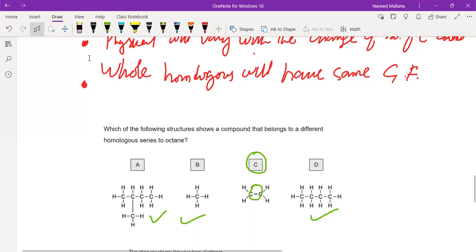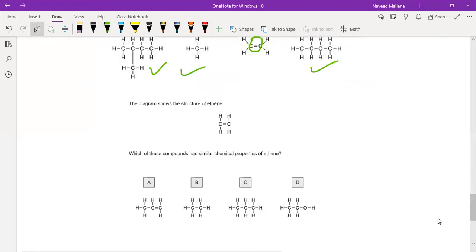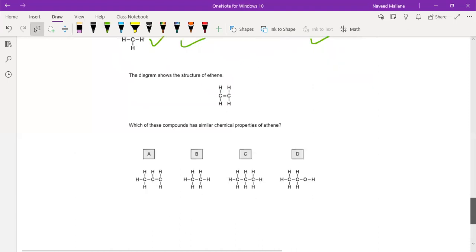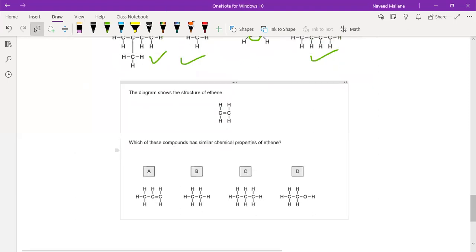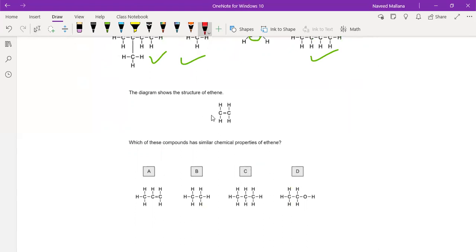Now the second question of the homologous series and functional group. The diagram shows the structure of ethene. It means here functional group is double bond. What is the functional group? Double bond.